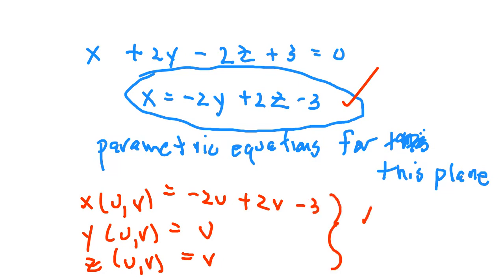So in short, x equals negative 3 minus 2u plus 2v, y equals u, and z equals v.